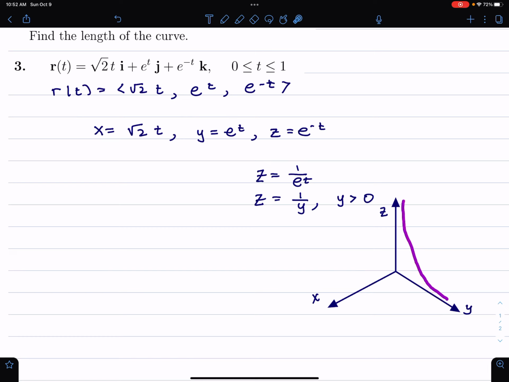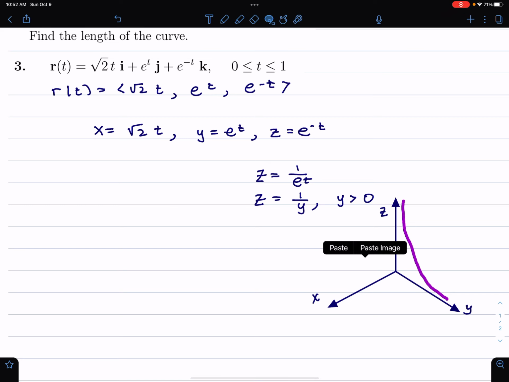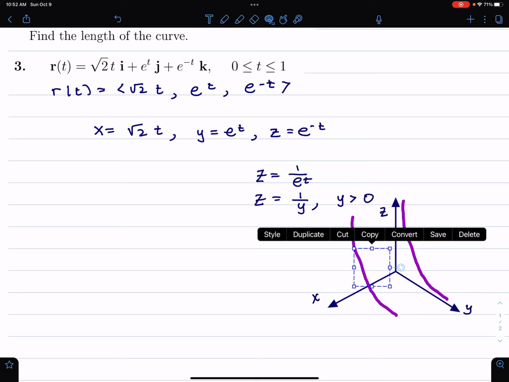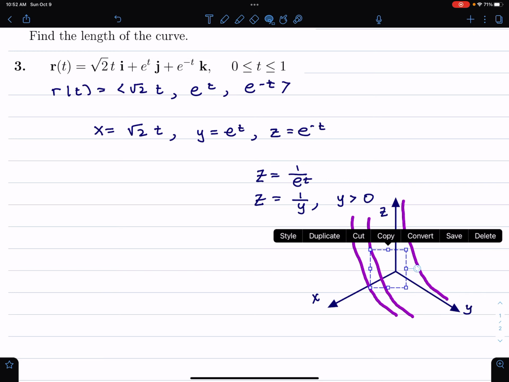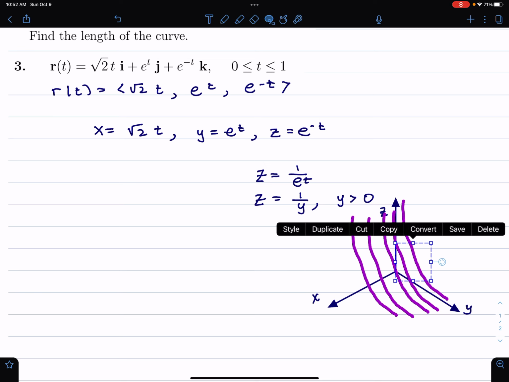Now this is in the yz plane, which corresponds to x equals 0. But there's no x here, so x could be 0, x could be 1, in which case a copy of this curve could be right here, and infinite copies in between. That's going to ruin my picture a little bit, but that's what we have here.